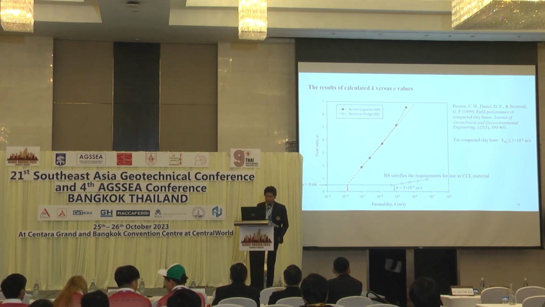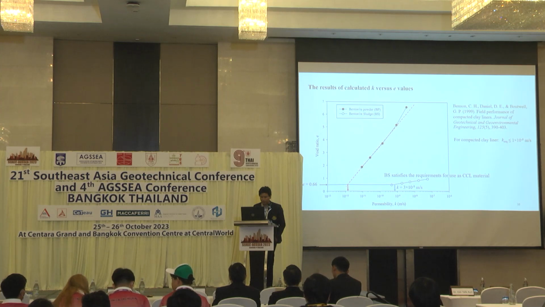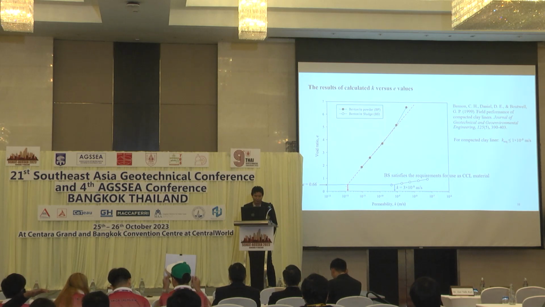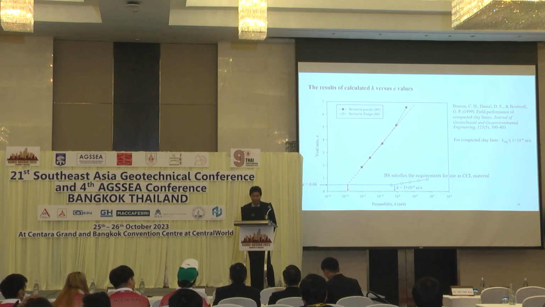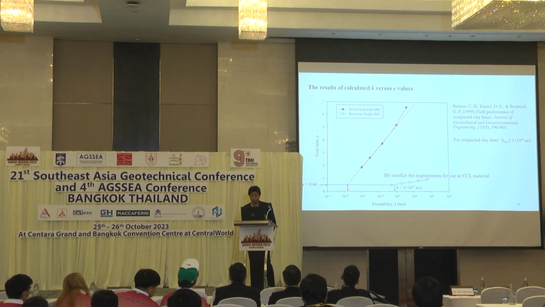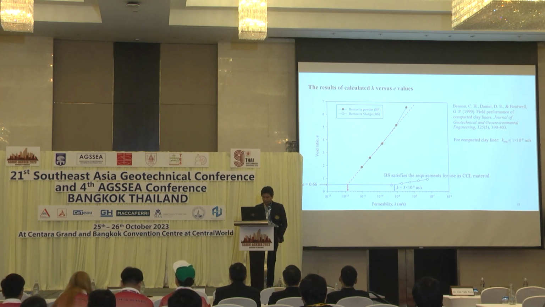Under the same void ratio of 0.66, you can see BS obtains a k value of about 3 times 10 power minus 9 meter per second. For bentonite powder, it is difficult to determine, so we use the extrapolation of the test result. And when we compare, we can see the BP provides a k about 1,000 times lower than that of the BS for CCL material.